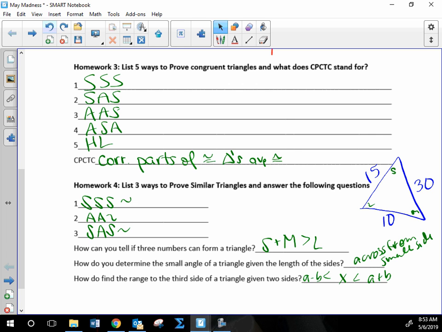Okay. We need to take a look at our transformations review. Let me bring up that homework. Oh, you didn't have to do the back yet for homework.